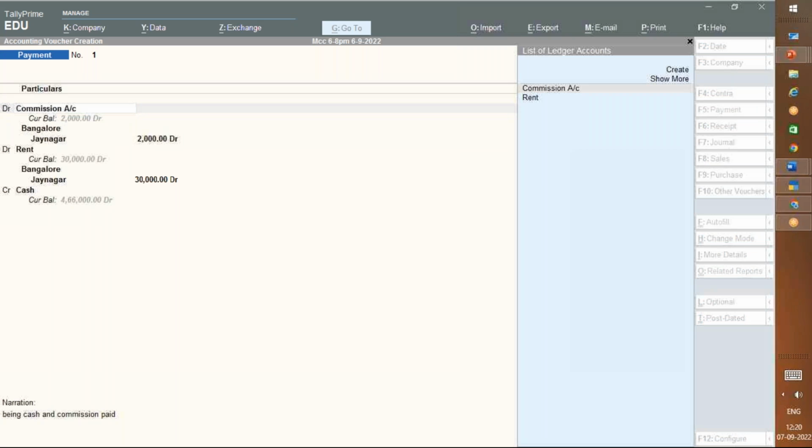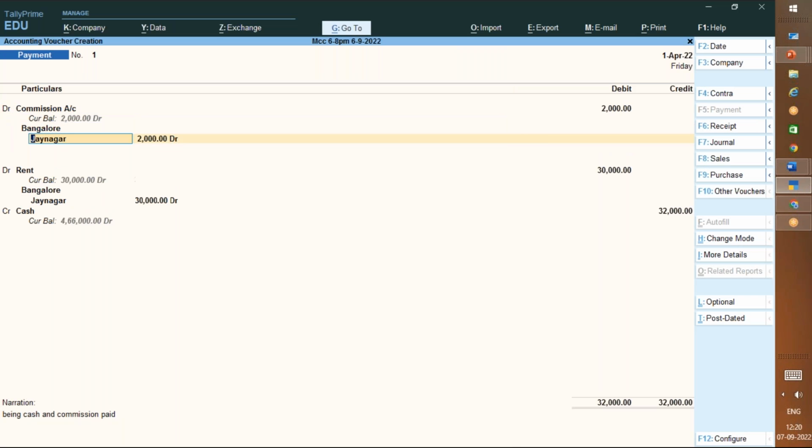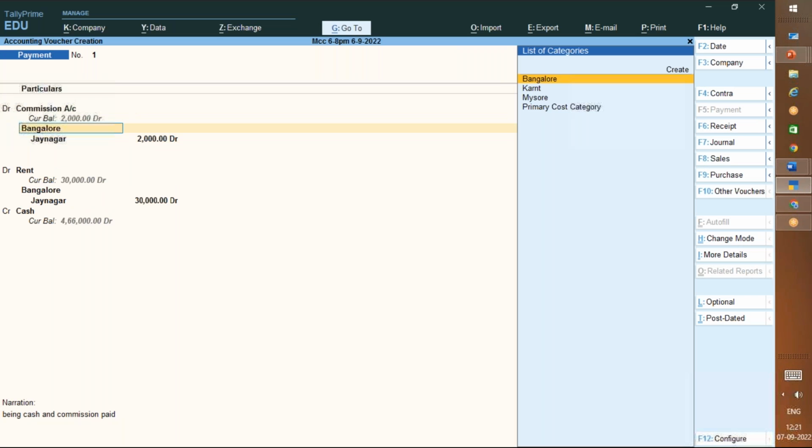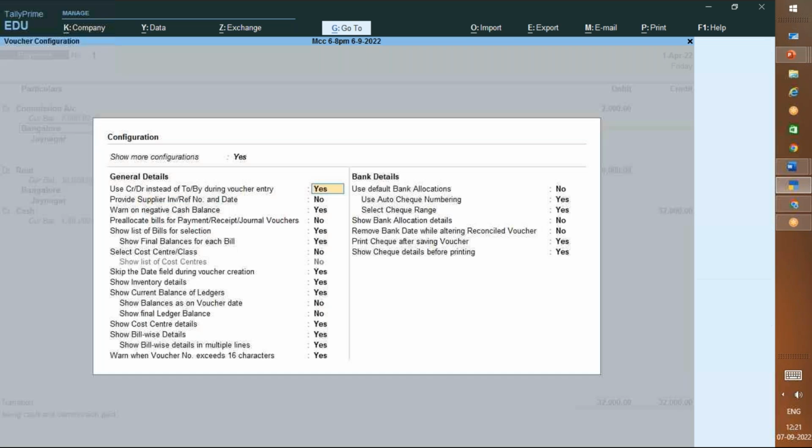After 2,000, it is not asking you for cost category, cost centers. No, ma'am. Okay, then do F12. One second.